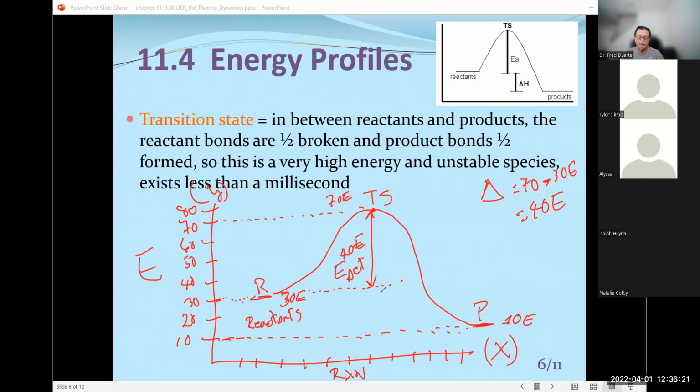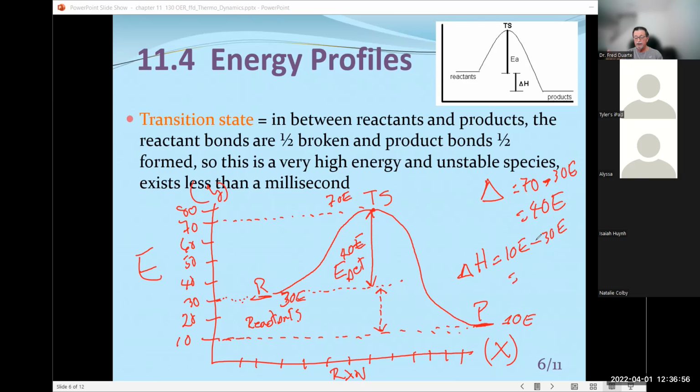Now, another area is where the reactants started and where the products ended up. Okay? And that has a very specific symbol. It's called delta H. That is the energy of the reaction. And like I said, any delta is where you ended up minus where you started. Well, we ended up at 10 energy units for the products, and we started off at 30 for the reactants, right?